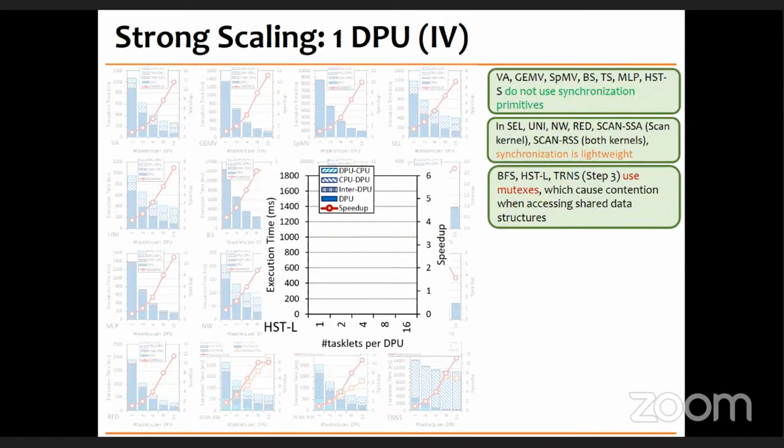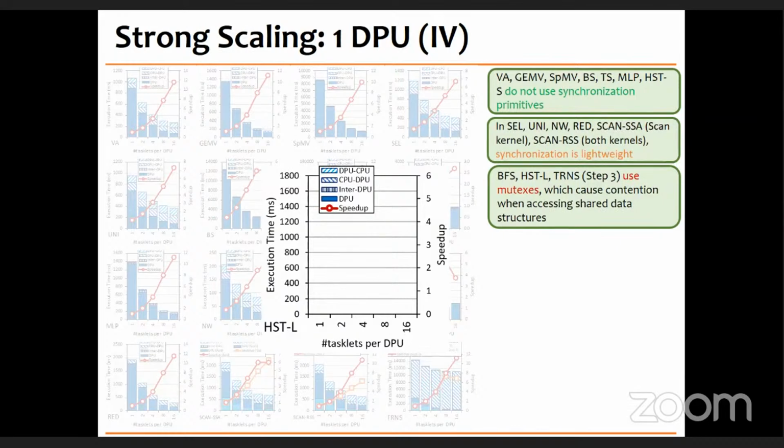That's a histogram. So if we want to create that histogram and do it correctly, we need to update in an atomic way, meaning that we cannot have two threads or two tasklets trying to update the same bin of the histogram, the same counter of the histogram, right? They have to first go one and then go the other one.